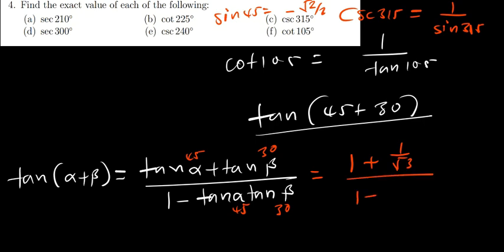We also have tan 45, which we have already said is 1, times 1 over root 3. So then we are going to have 1 plus 1 over root 3 here, and here we have 1 minus 1 over root 3. So we have this.